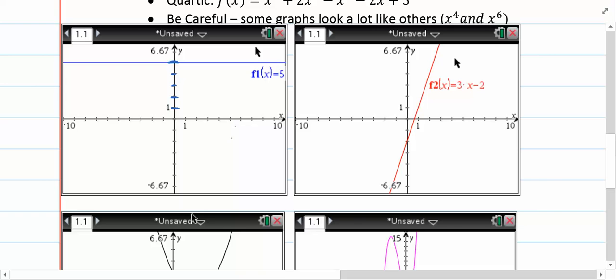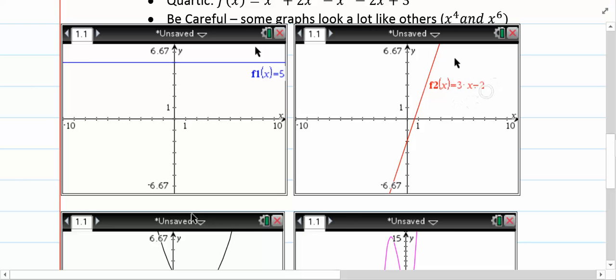So if I had f of x equal to -2 as a constant, that would be a horizontal line through y equals -2. But a constant polynomial will always graph out to be a perfectly flat line.